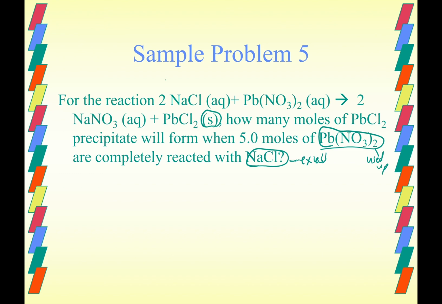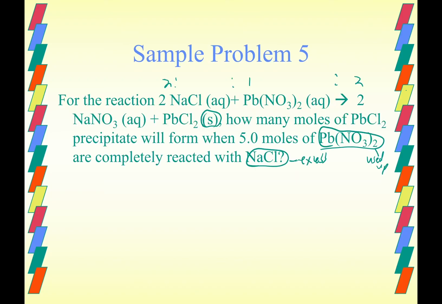So our initial ratio here, 2 to 1 to 2 to 1. And we're looking at how many moles of lead chloride when we use up all the lead nitrate. So we're using lead nitrate and lead chloride.